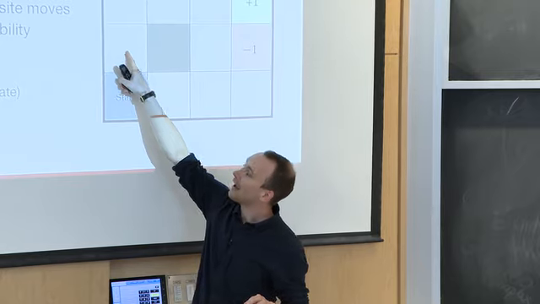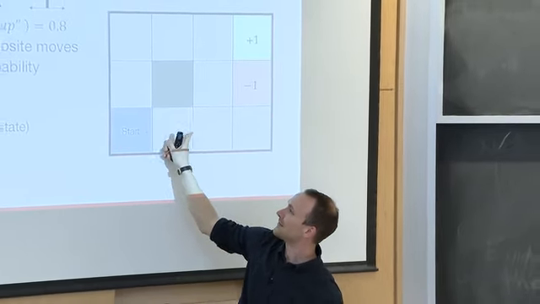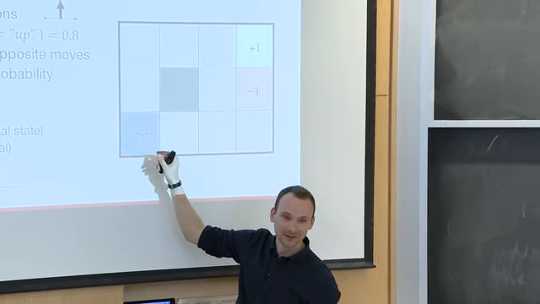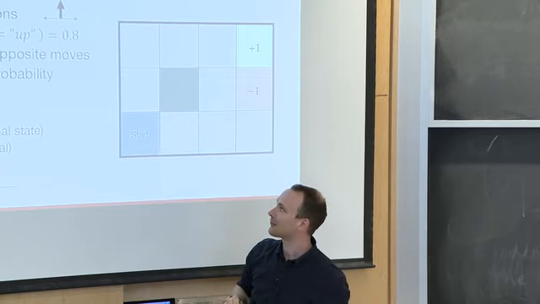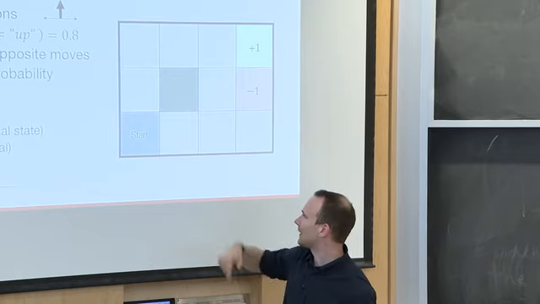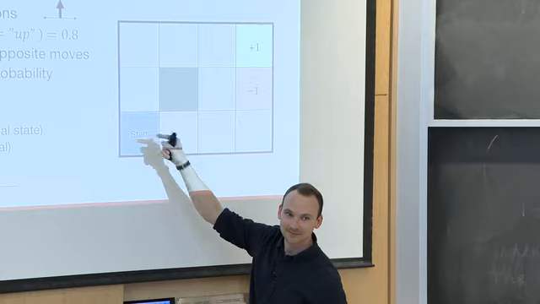So 0.8 up, and then 0.2. This is the only possible direction to go in if you start here. So 0.2 in that way. There's a chance you move in the wrong direction, is what I'm trying to illustrate here. There's no chance that they go in the opposite direction, say. So if I say right here, it can't go that way.